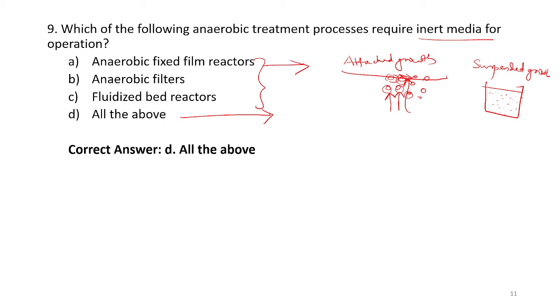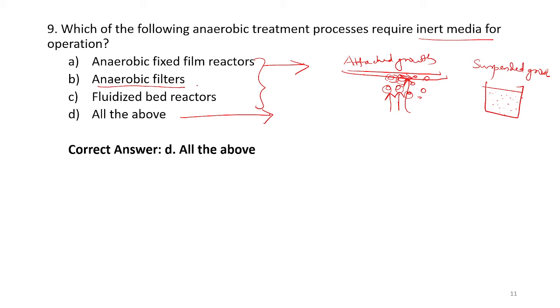So here the question is about the attached growth process, where there is an inert media, and in anaerobic fixed film reactor, it is an attached growth process where the inert media is there on which the microbes are getting attached, and subsequent processes happen. In anaerobic filters also, you would have learned in the lecture that it is an attached growth process.